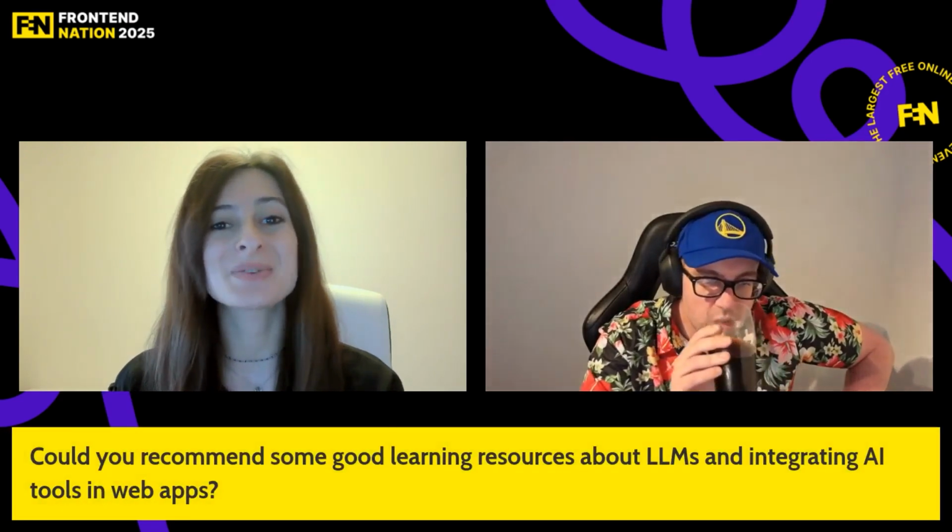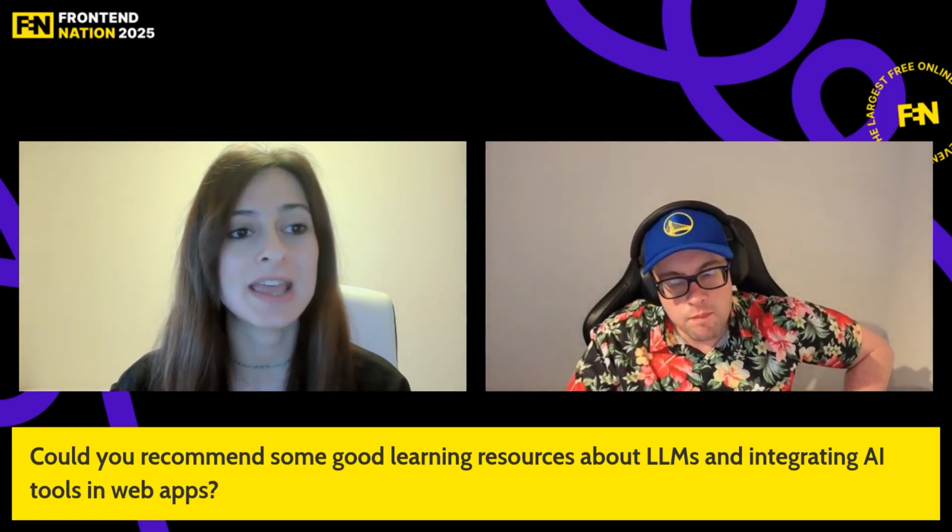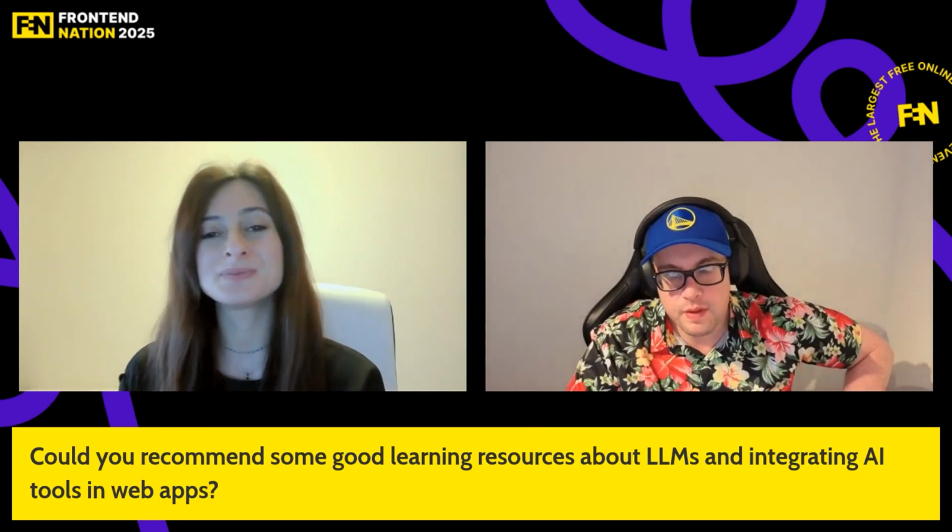Thank you. The next question is, could you recommend some good learning resources about LLMs and integrating AI tools in web apps? What I can recommend is the book AI Engineering by Chip Huyen. This is really good.